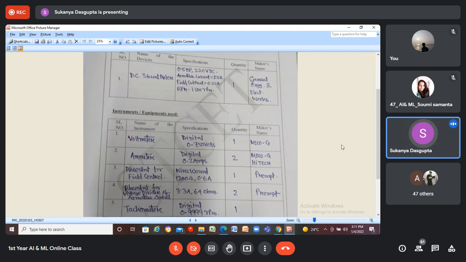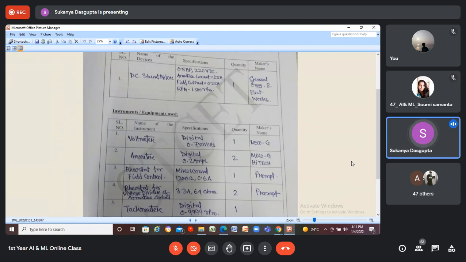You need to draw this table in the report. Voltmeter digital type 0 to 750 volt, MECO G, 1 number. Ammeter digital type 0 to 2 ampere, 2 numbers, MECO G. One is MECO G, another one is Hi-Tech. Rheostat for field control, wire wound 1200 ohm, 0.6 ampere, 1 number, Prompt.